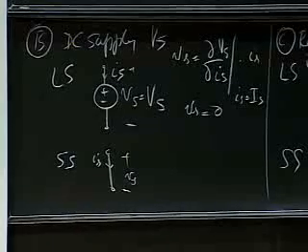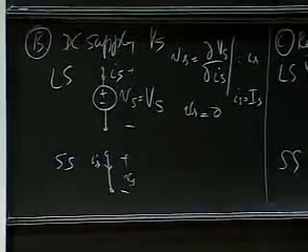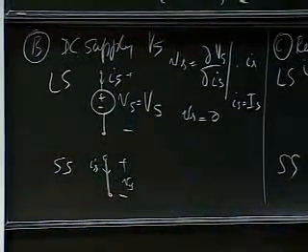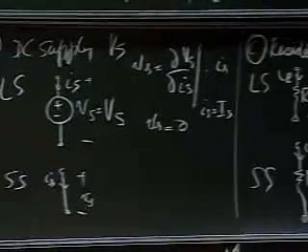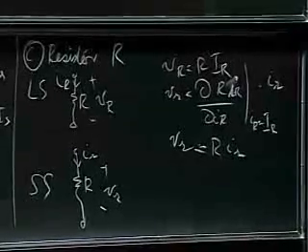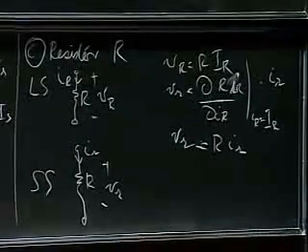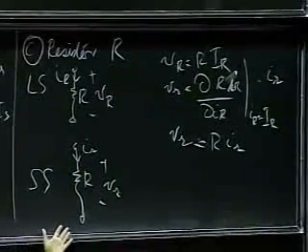The voltage doesn't change. So the small change in the voltage is 0. And that's the same thing as a short circuit. For a resistor, by how much does the voltage change if I change the current by a small amount? Well, it'll change by R times the current change. Okay? And that's the property of a resistor, R.